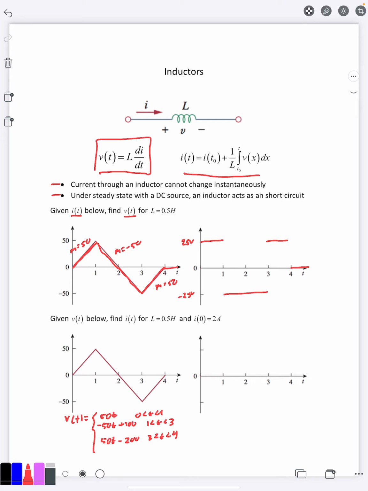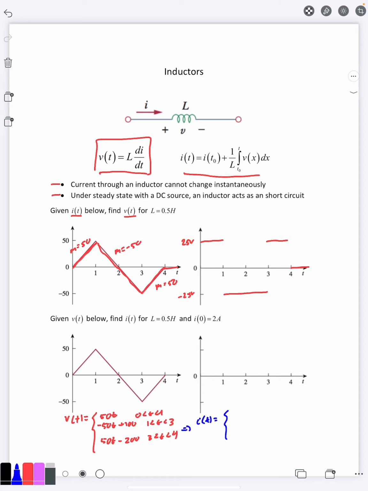So that gives us the function as a piecewise defined function. We then integrate each part, trying to find the current. And we have to not just integrate, but also divide by L, which is 0.5.